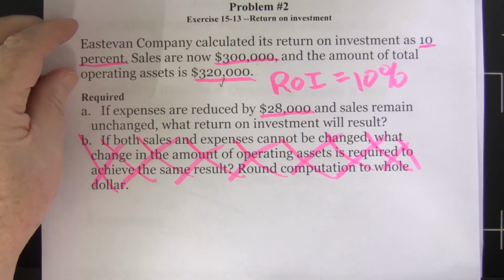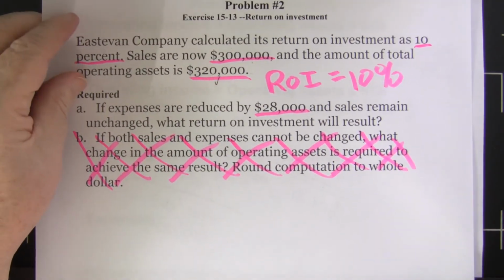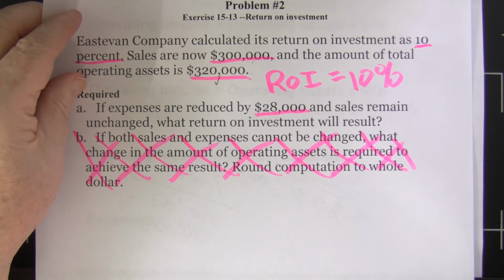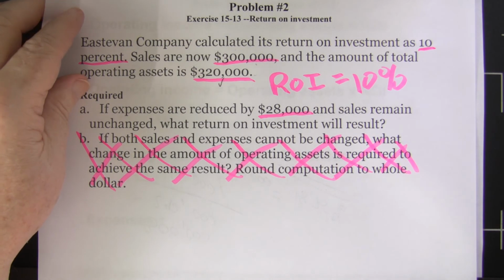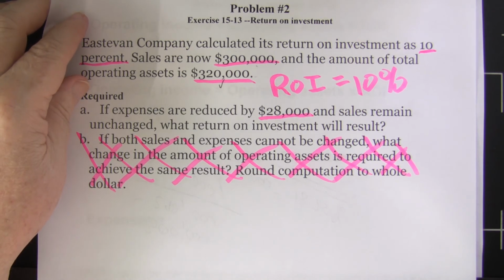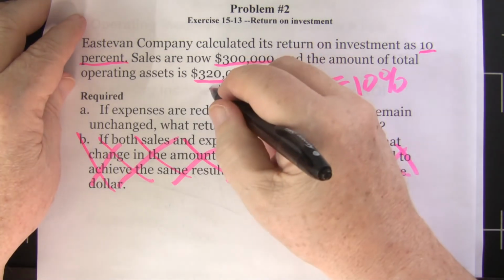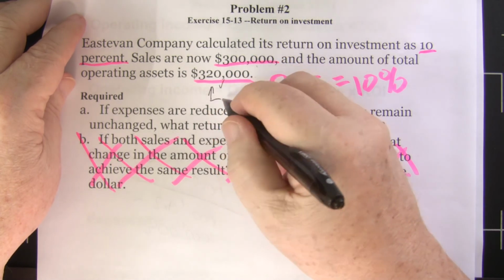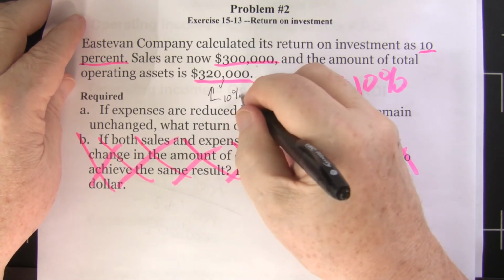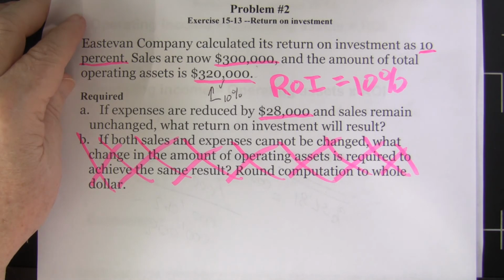So if we take 10% of that, that's 32,000. That's our return, our 32,000. And subtract that from our sales, that gives us 268. That's our expenses. Because 32,000, our return, is another word for income, is 10%.